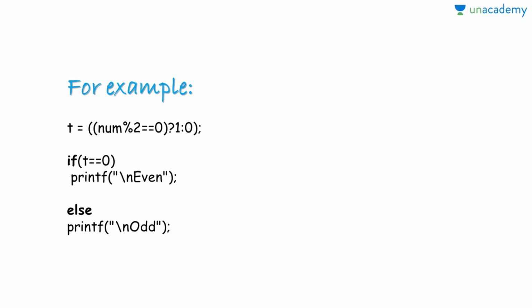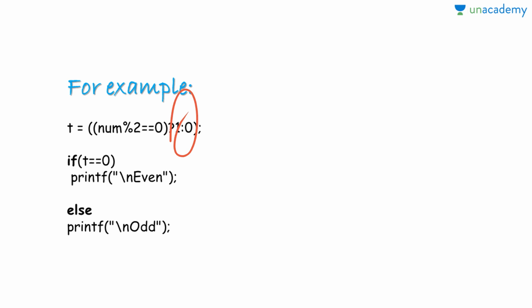The condition is num mod 2 equals 0. If the remainder is 0, then it is even, else it is odd. So num mod 2 equals 0 is the condition. If this condition is satisfied and it is true, then the value we will be getting is 1.